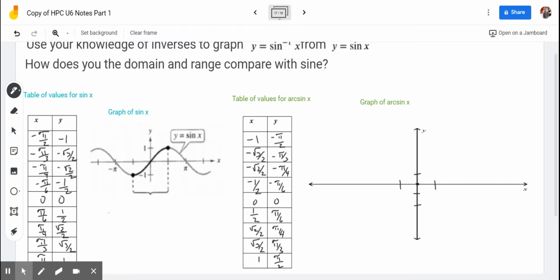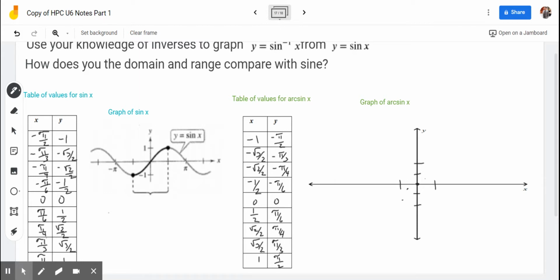It's 3.14 divided by 2, so it's about 1.55-ish. And then between, we can also plot -1/2, -pi over 6. So it's about -1/2, -1/2, a little bit less than a half here.